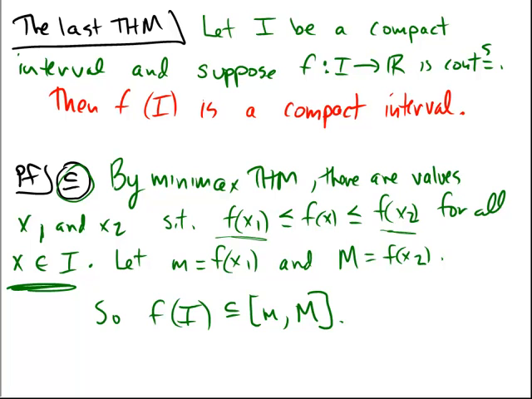Let's go for the backwards containment now. Over here we showed that f of I is a subset of little m to big M, so we're going to have to show that little m to big M is a subset of f of I. So let's try that. If the minimum were equal to the maximum, then we would just have a single point.